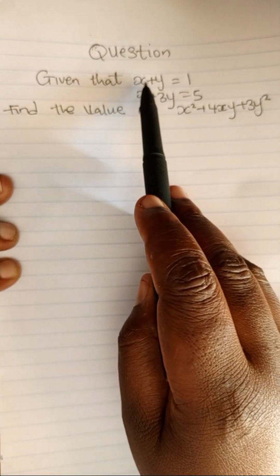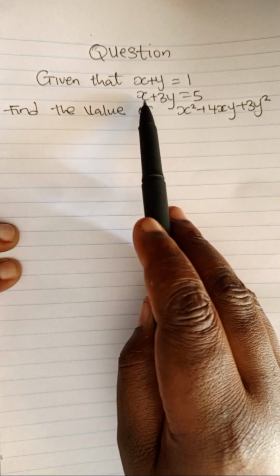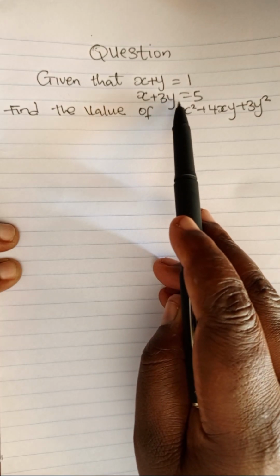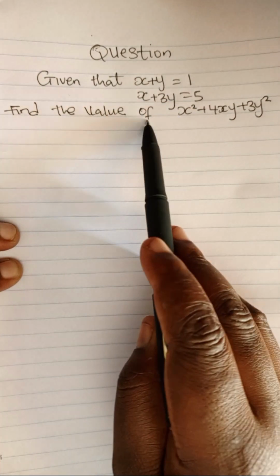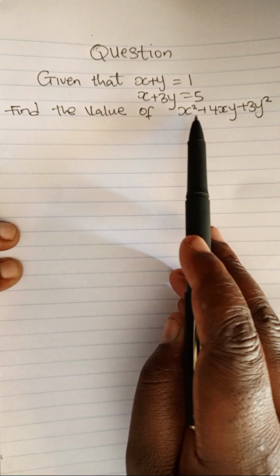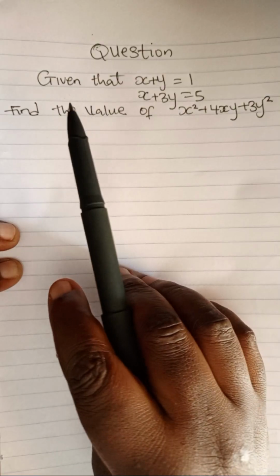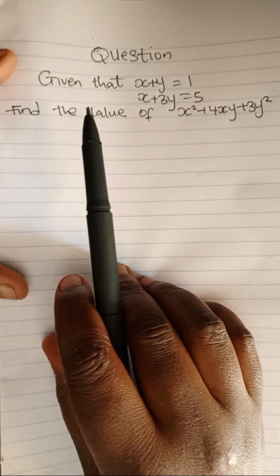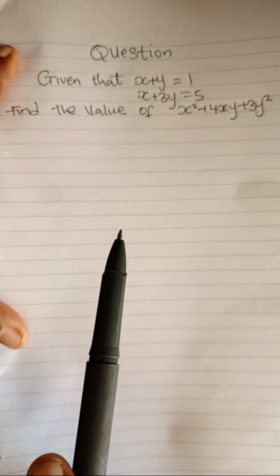Given that x plus y equals 1, x plus 3y equals 5, find the value of x squared plus 4xy plus 3y squared. Now, they gave us a simultaneous equation.